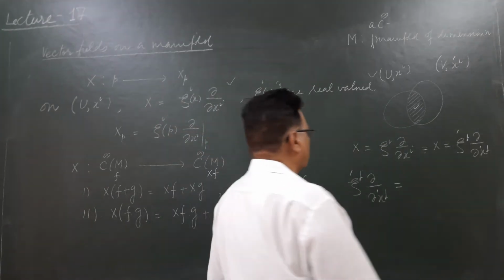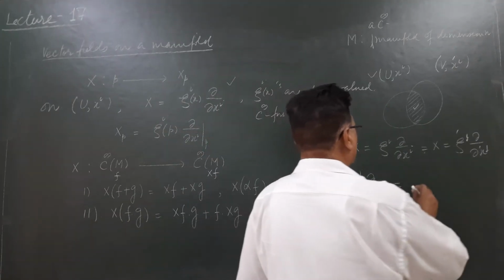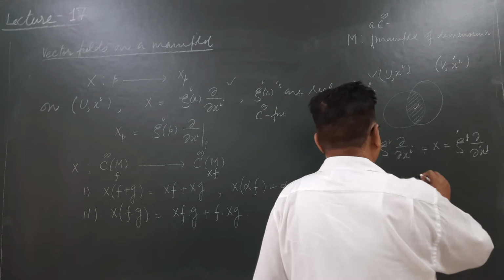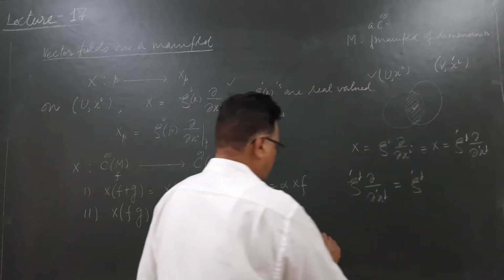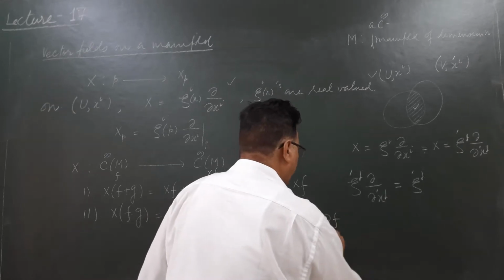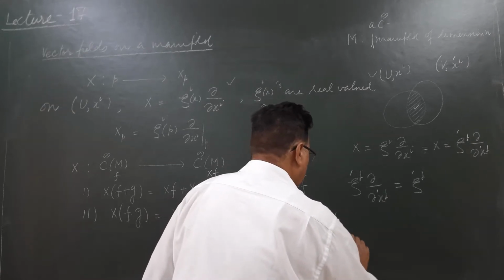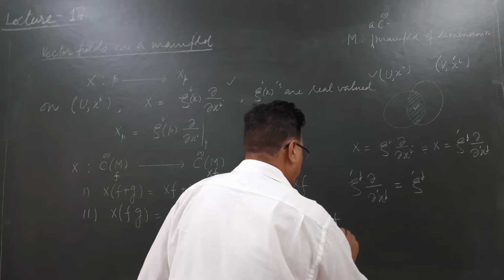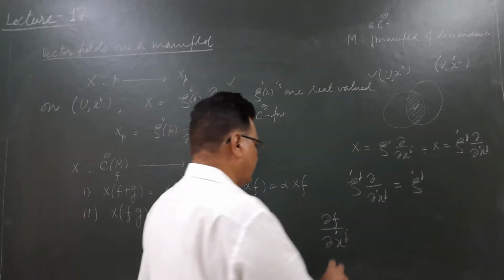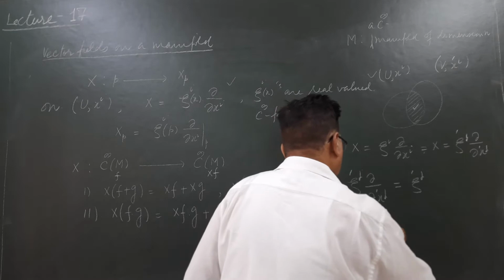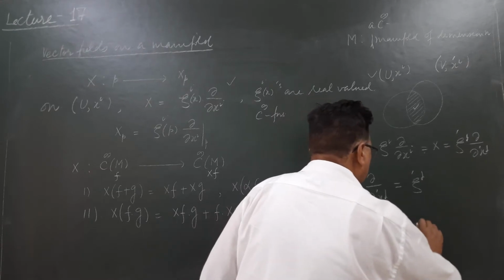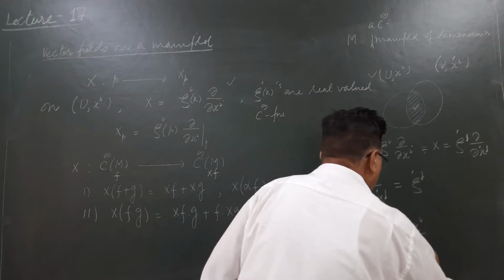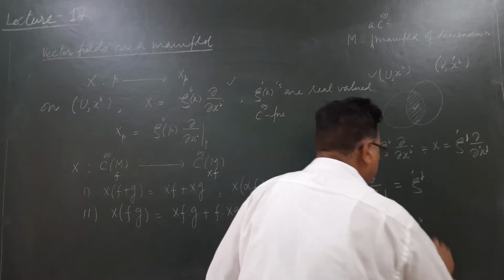Now this I can write down as xi dash j into, now look here, for example, if I am differentiating f with respect to x dash j, I can write it down as del f upon del x i into del x i upon del x dash j.